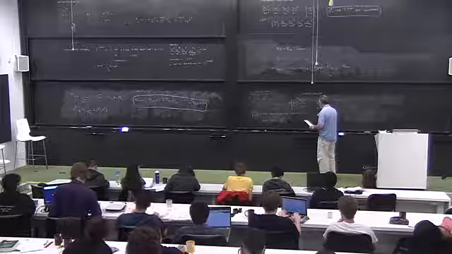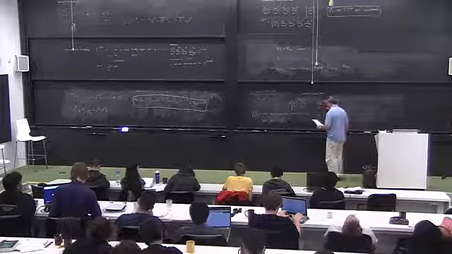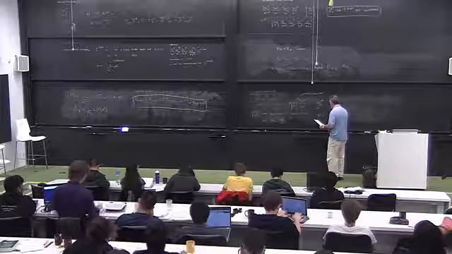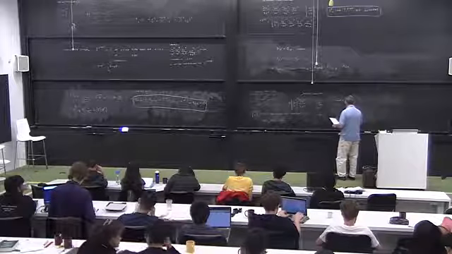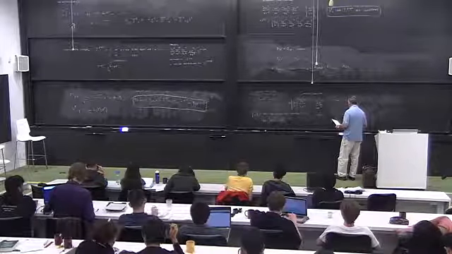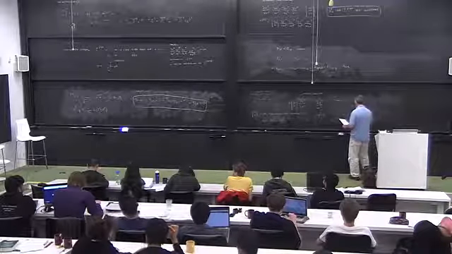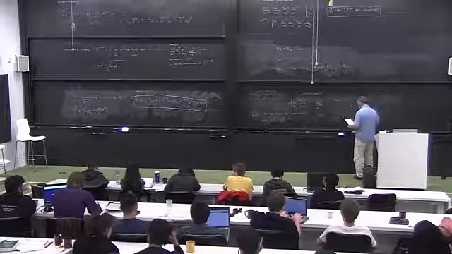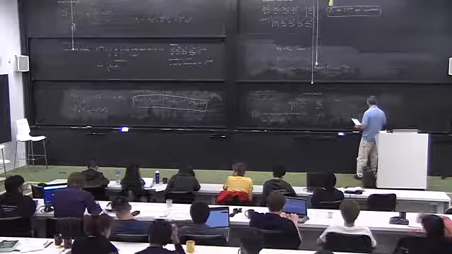So if I have a tensor with an upper index mu, and I take its covariant derivative, I have the ordinary derivative plus gamma^mu_{rho nu} T^rho.